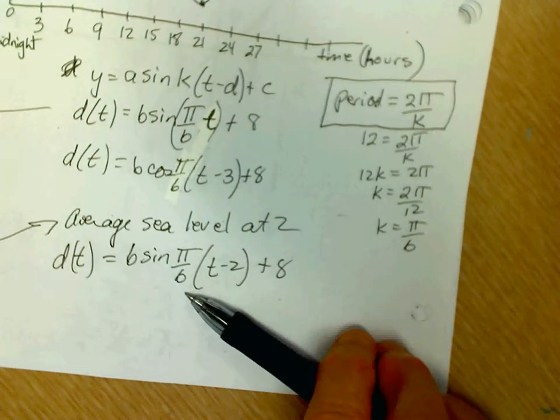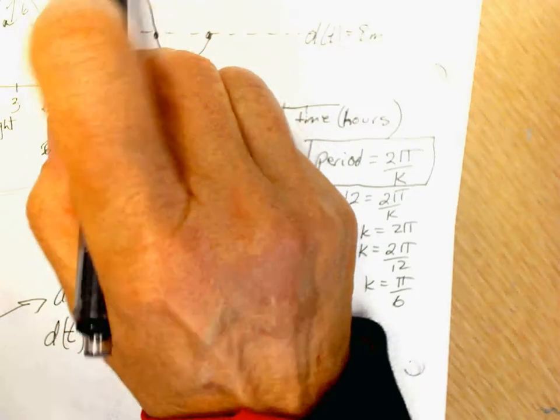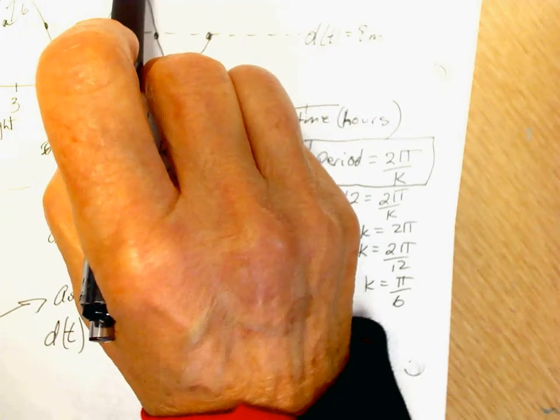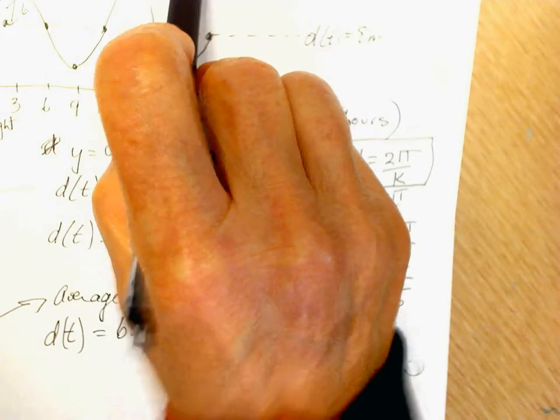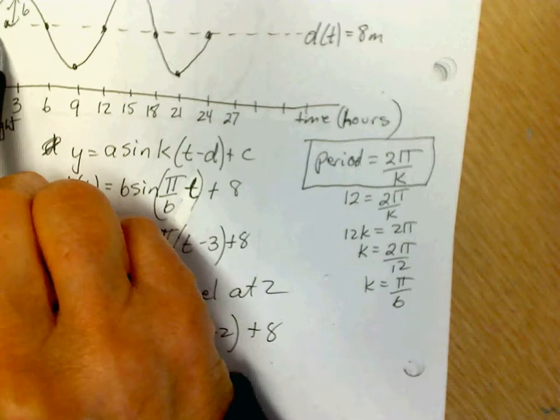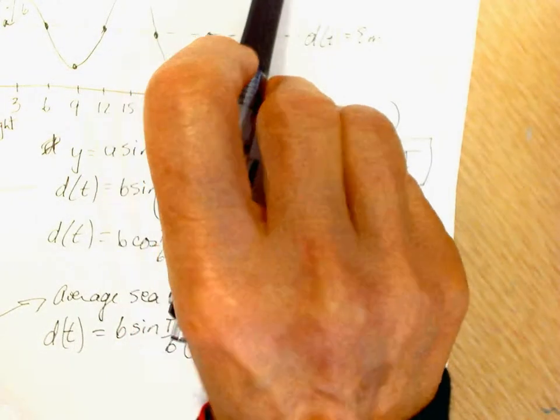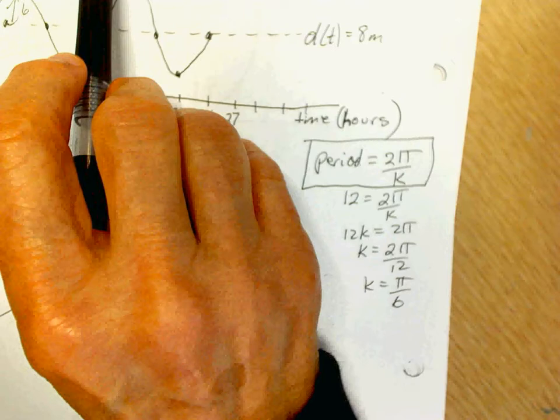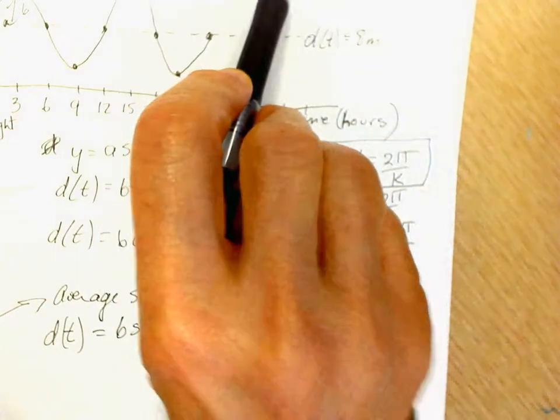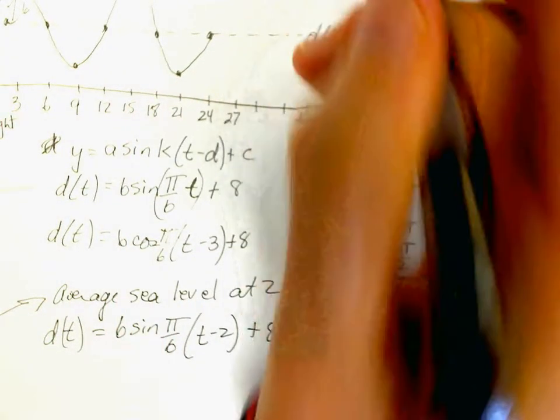The question: if the water is at average sea level at 2 and the tide is coming in, so there's a phase shift of 2 over. Read the whole question: write an equation for the graph that shows how the depth changes over the next 24 hours.